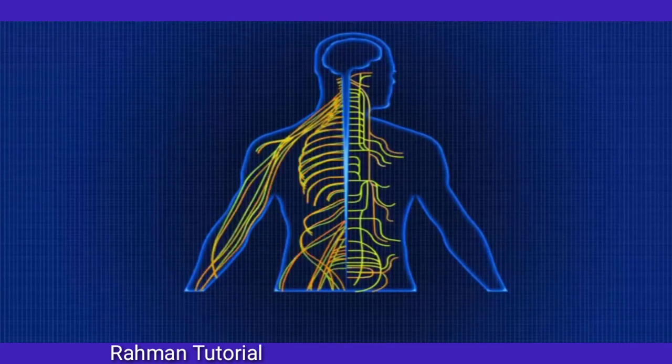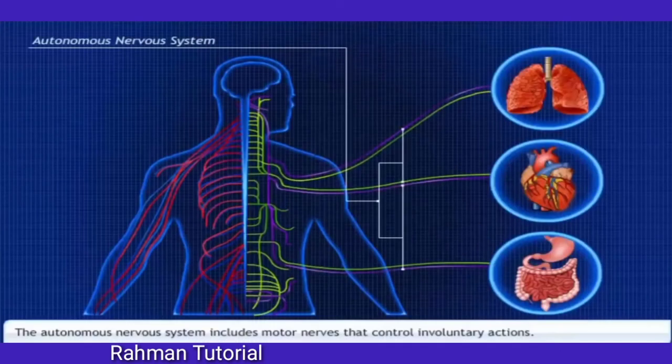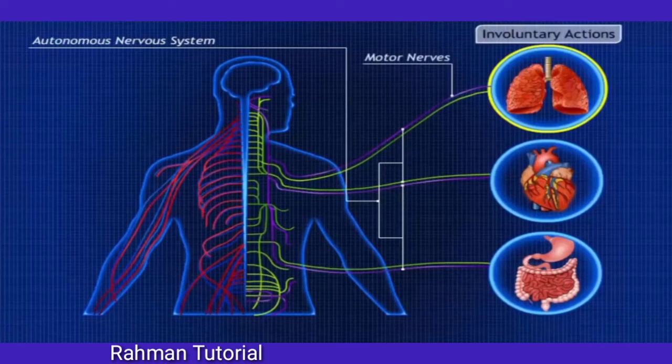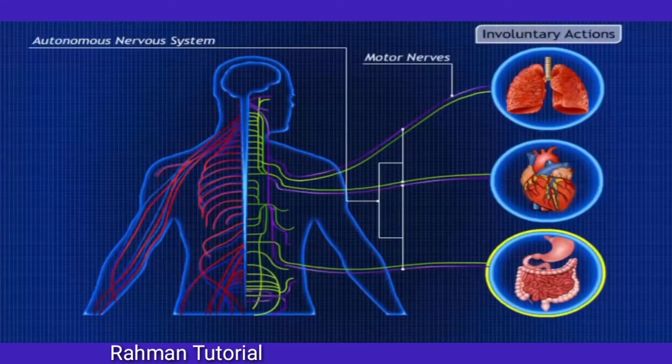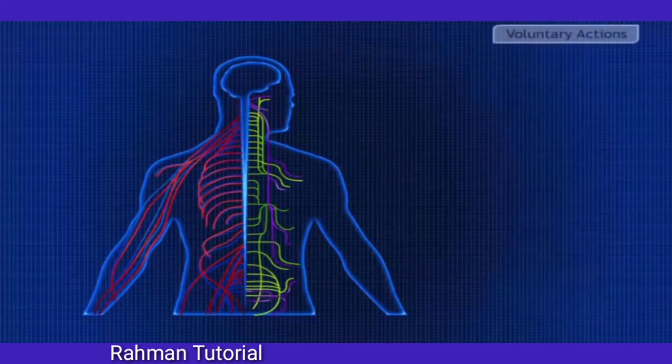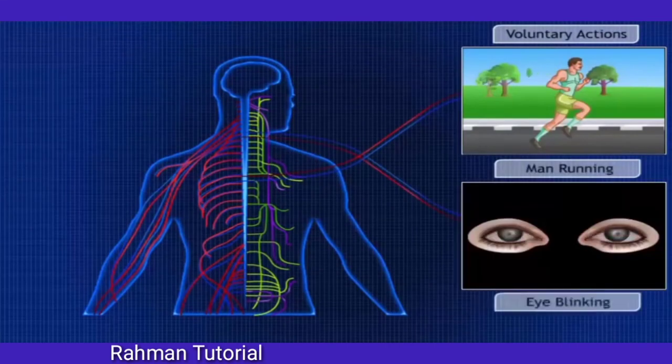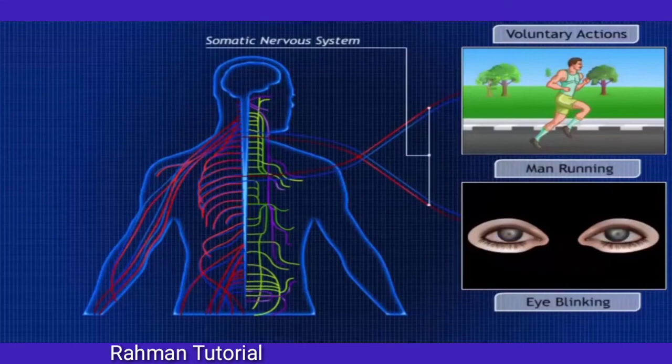The autonomous nervous system includes motor nerves that control involuntary actions like breathing, beating of the heart, and peristaltic movement in the alimentary canal. Voluntary actions like muscle movement and blinking of the eyelid are carried out by the somatic nervous system.